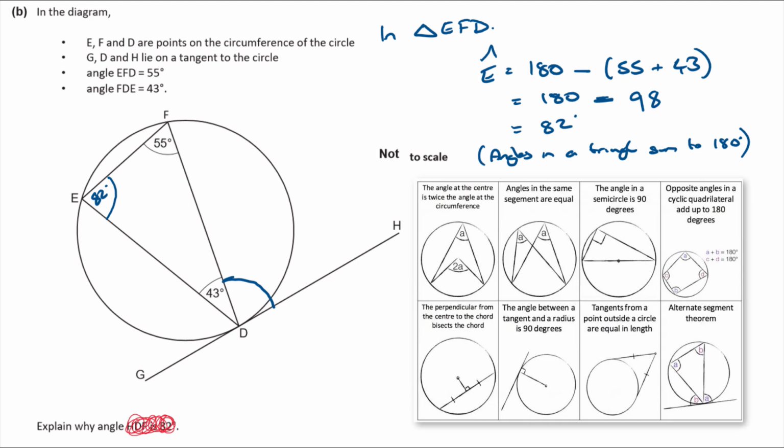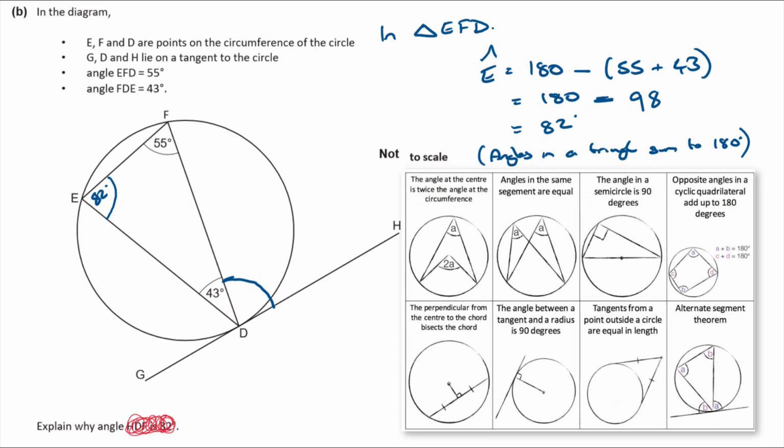Right, now I can use another one of my circle theorems straight away to find the angle down there that I'm looking for, HDF, because I remember this one here, which is the alternate segment theorem, which says the angle between a tangent and a chord drawn at the point of contact is equal to the angle in the alternate segment.